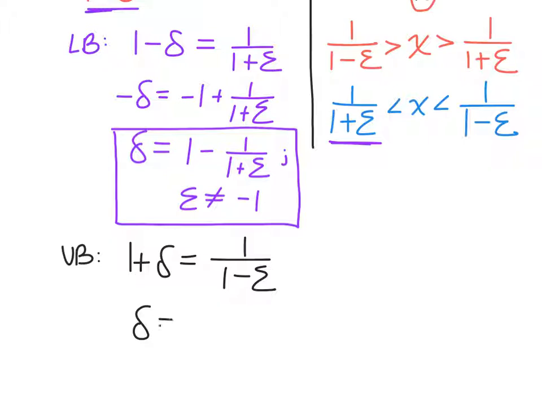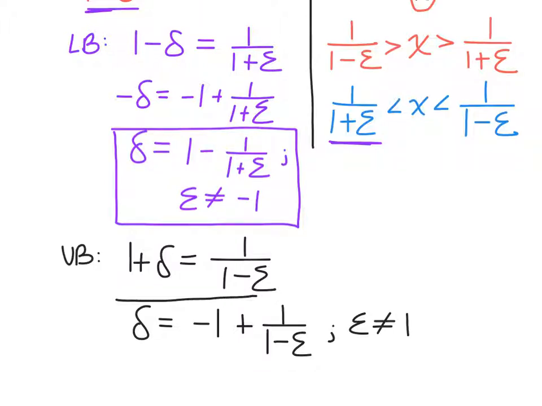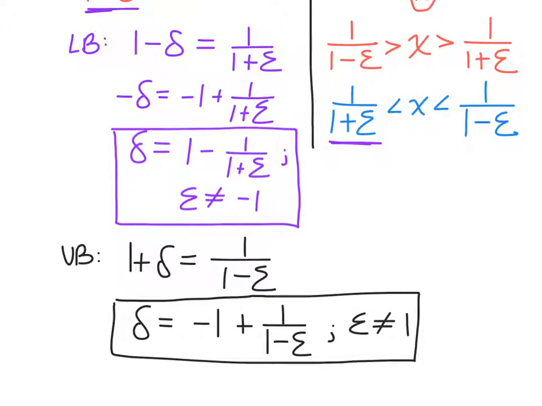So delta would be equal to, well, this one is going to be negative 1 plus 1 over 1 minus epsilon, where epsilon cannot be equal to 1. In this case, we have a positive number, but it's a relatively large positive number, so it doesn't make a difference anyway.